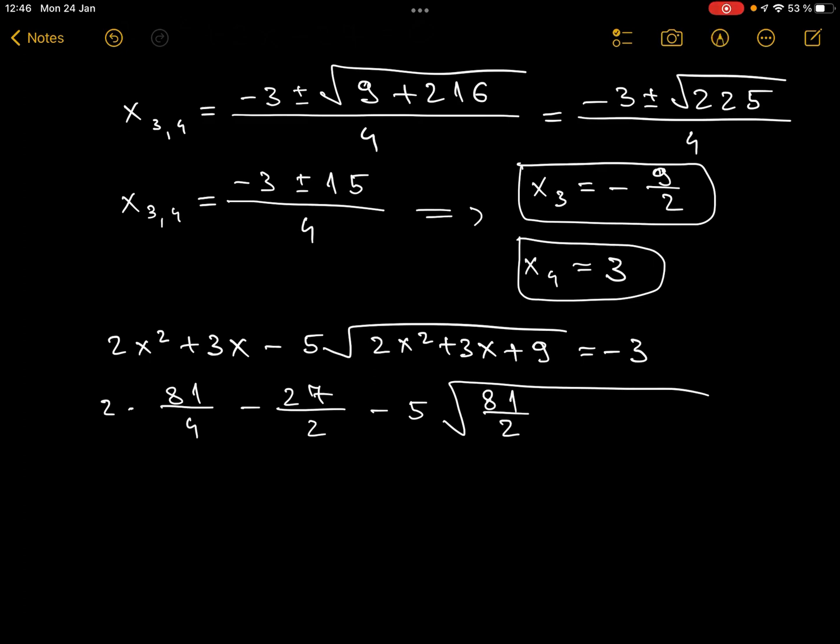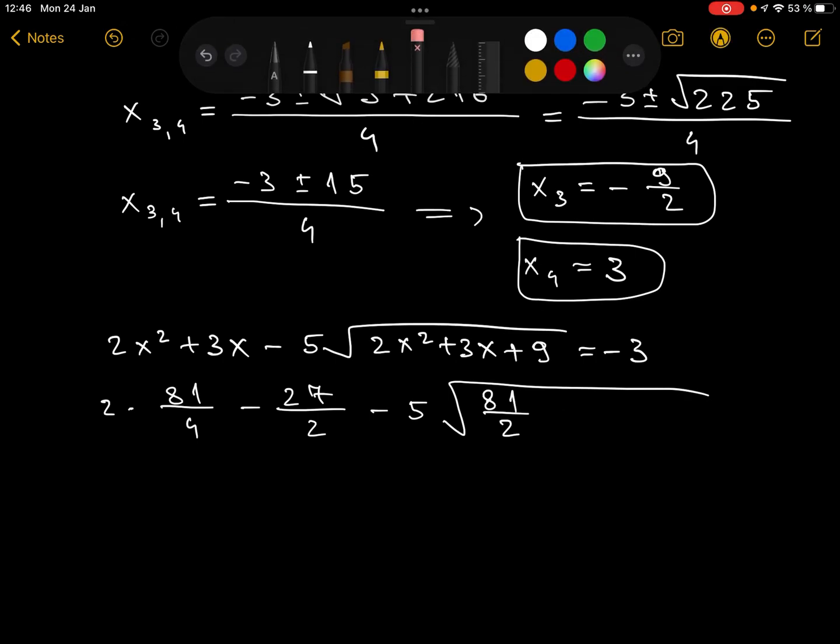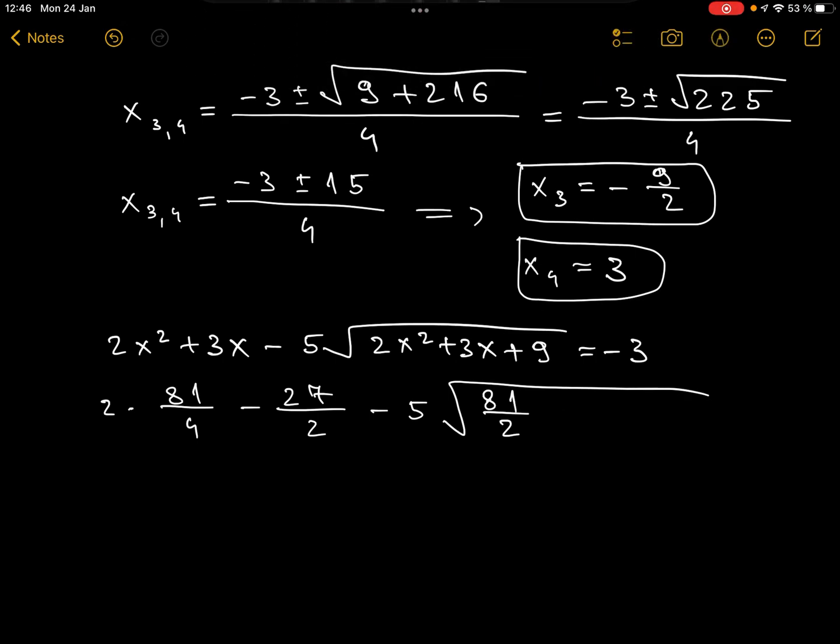Plus minus 27 over 2 plus 9 is supposedly equal to -3.